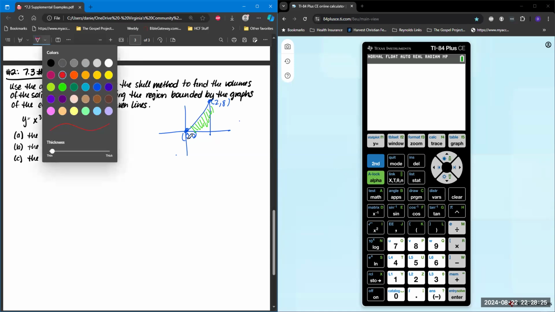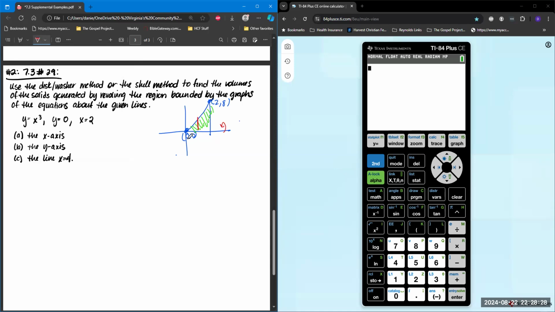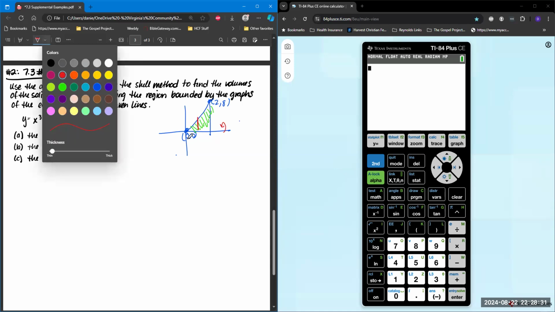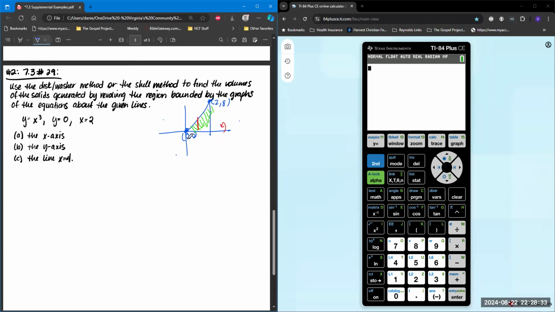Looks like we can get vertical rectangles there. They'll be perpendicular to our axis of rotation pretty easily. So we'll use the disk method here, and we'll have pi integral 0 to 2 of r squared dx, which is pi integral 0 to 2 of x to the 6th dx, which is pi times x to the 7th over 7, evaluated from 0 to 2.